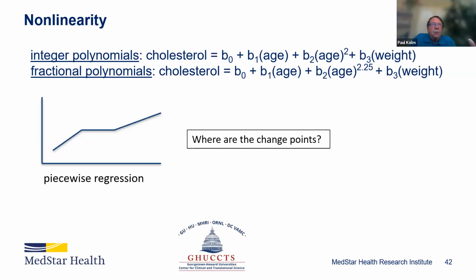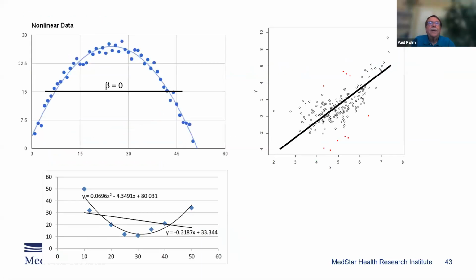And then piecewise regression, I've just illustrated with a picture here. But the basic question we'll have to answer is where the change points are. You can see that we have 3 different linear components of this relationship that we could model. And so here are some examples.